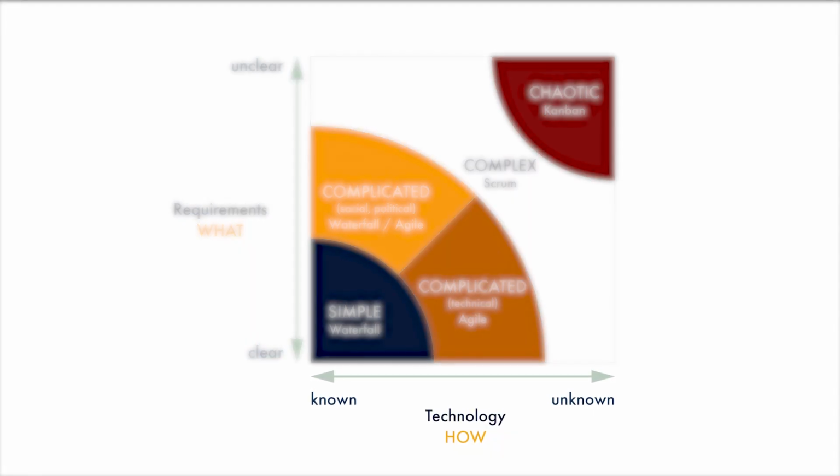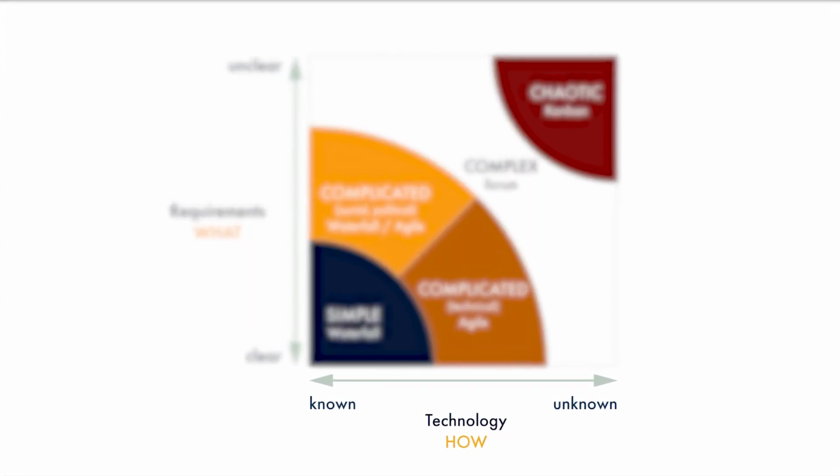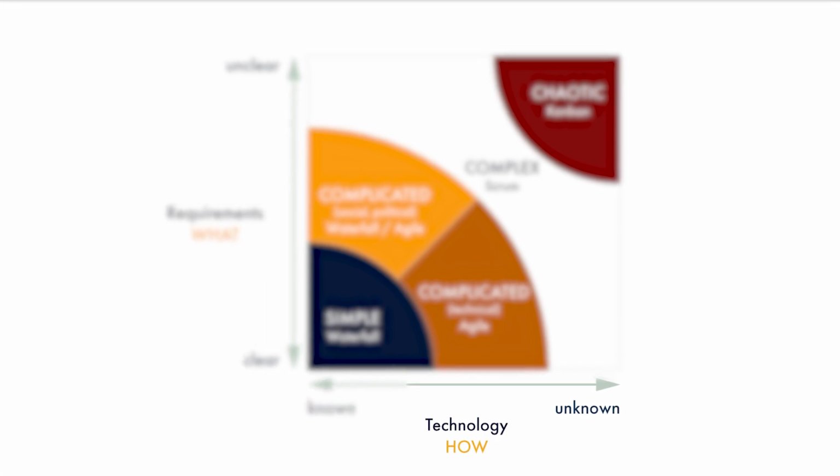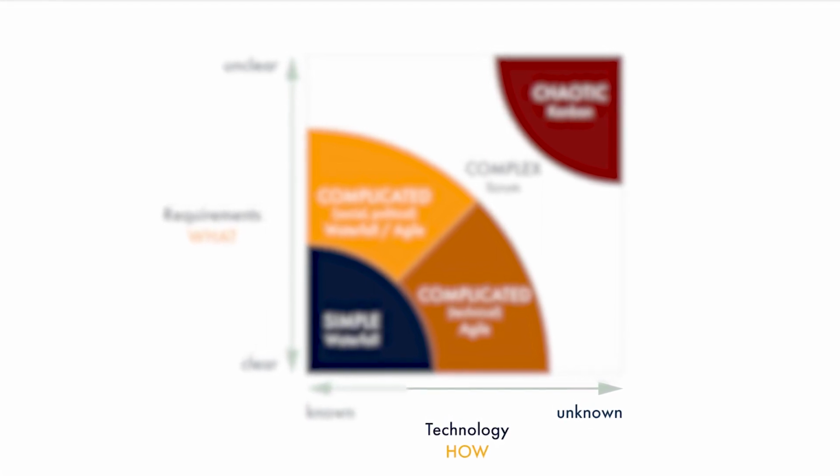Now, let's think about today. If you're building an application, say an app for your phone or a piece of computer software, the chances are the technology, that axis on the Stacey Matrix in terms of how you're going to build it, is going to be fairly unknown. The technology could change in the 6 months to a year that it takes you to build this product. New programming languages come out all the time.